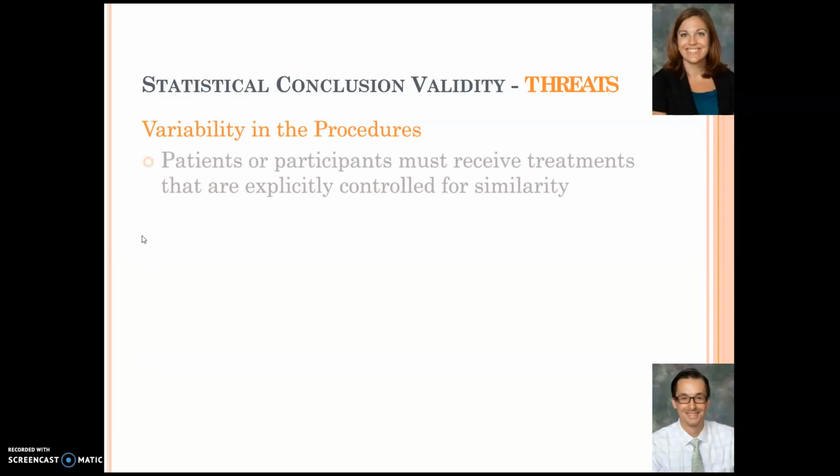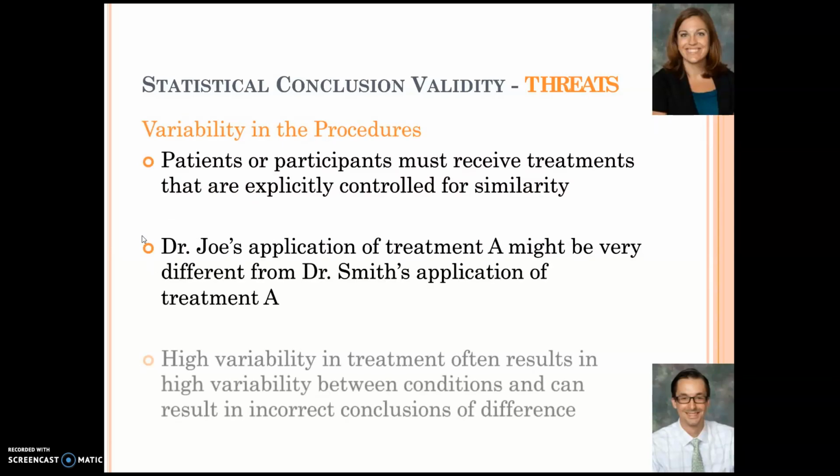So some other threats, and we talked about this in the lecture on artifacts. All right. So variability of the procedures. So this is a terrible picture of me in the bottom right, and that is a picture of my former colleague up in the top right, Dr. Aaron Smith. I say former colleague because it was at my previous school at Cal Baptist University. And what was interesting is she and I both taught sections of stats.